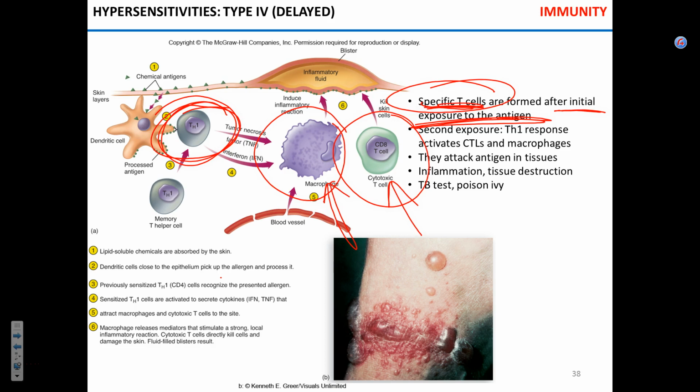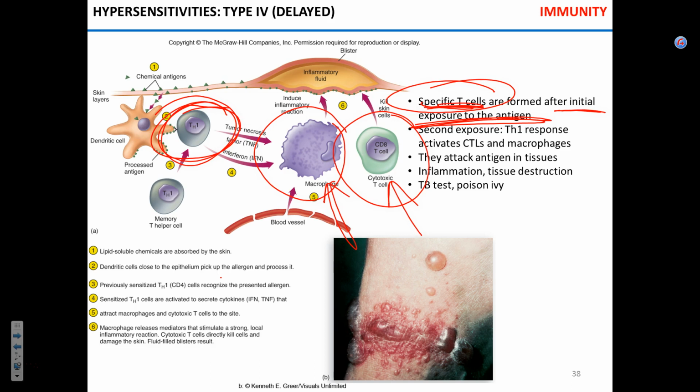That's why when you come back after a couple of days after the TB test, the nurse or the physician will measure the size of your TB test. And if it's above a certain threshold, it means that you have been exposed to tuberculosis and you had an infection. And you may have it like now. Does that make sense? Are we clear about it?